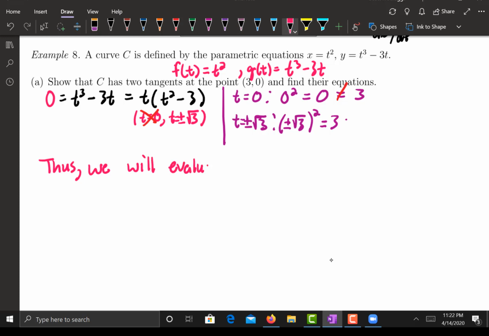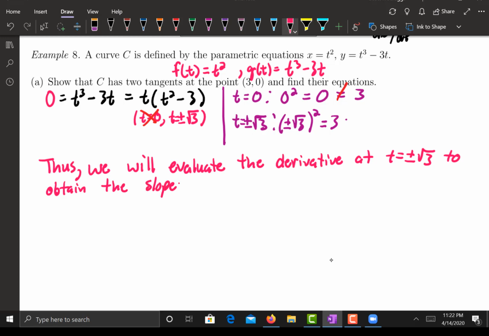So we will evaluate the derivative at t equals plus or minus square root of 3 to obtain the slopes of the tangent lines. So that's what that work has told us. It tells us that the actual values that we're going to plug in are plus or minus square root of 3.